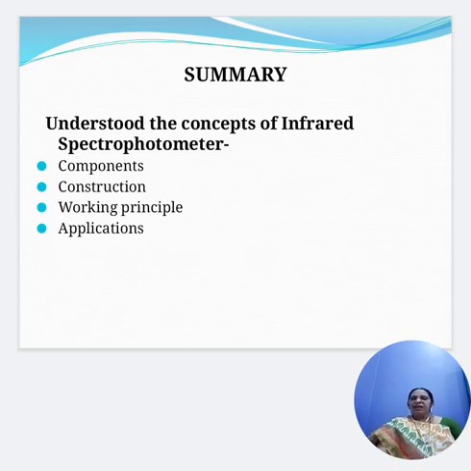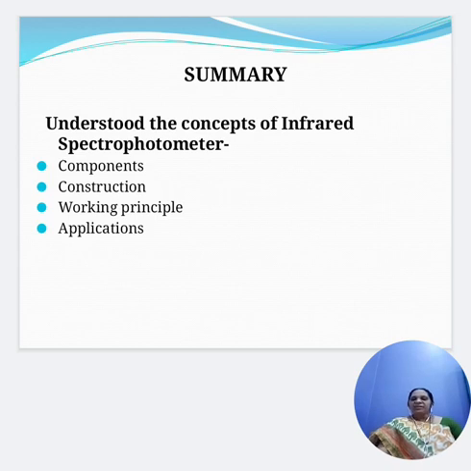Then we have the wavelength selectors. The wavelength selectors are filters and monochromators. Filters are sheets of plastic or glass which simply absorb the wavelengths other than those required for the analysis. Then we have monochromators: diffraction grating monochromators and prism monochromators. Grating monochromators are of two types, the reflection type and the transmission type.